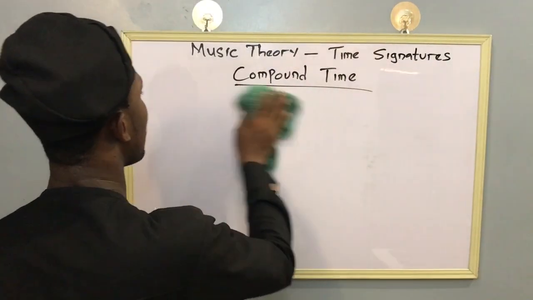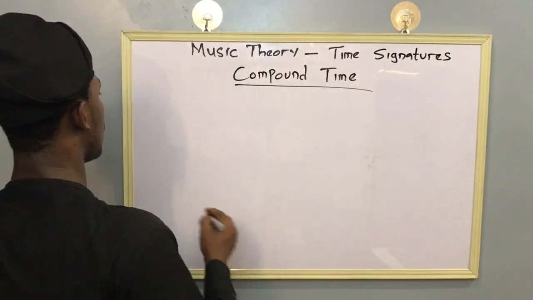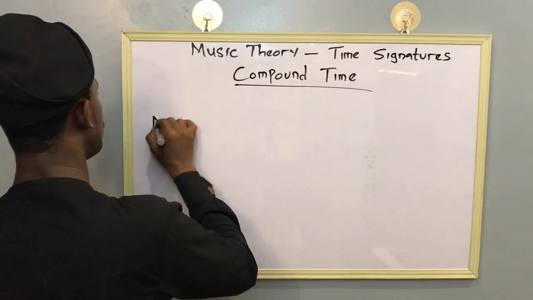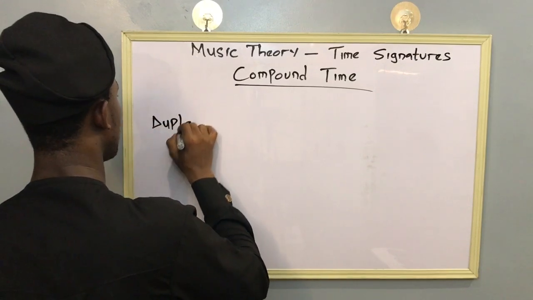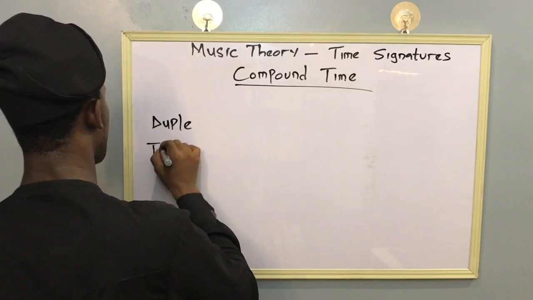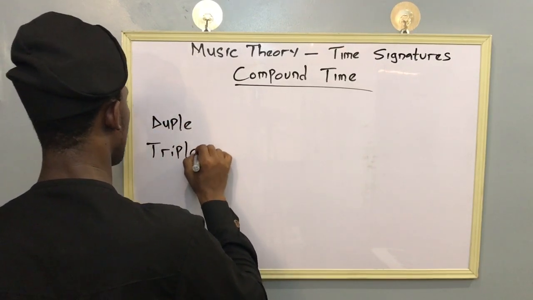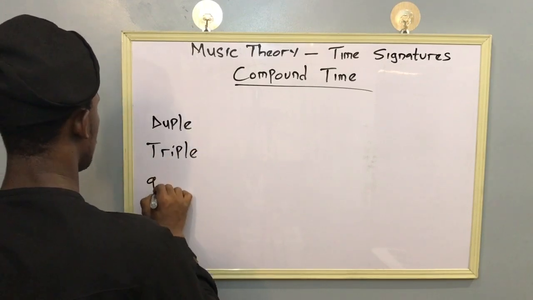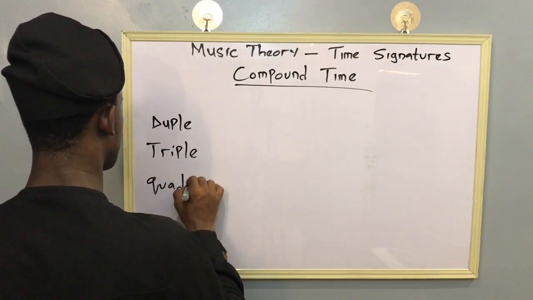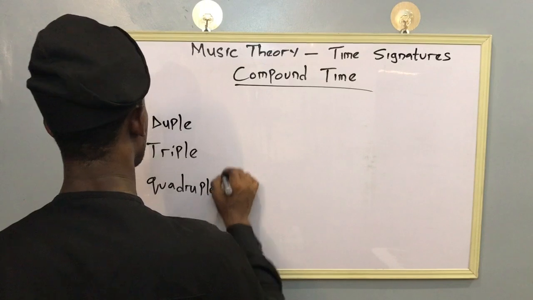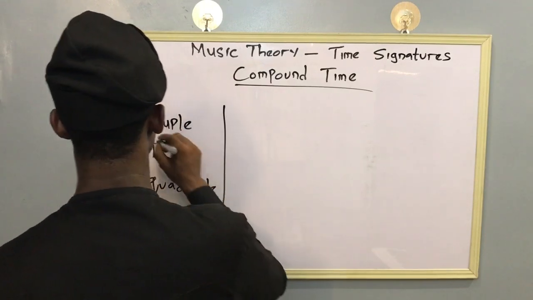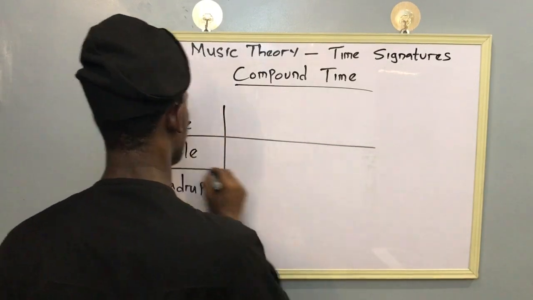So also we have the compound duple time, we have the compound triple time, and we have the compound quadruple time. Let's quickly see how the table goes.